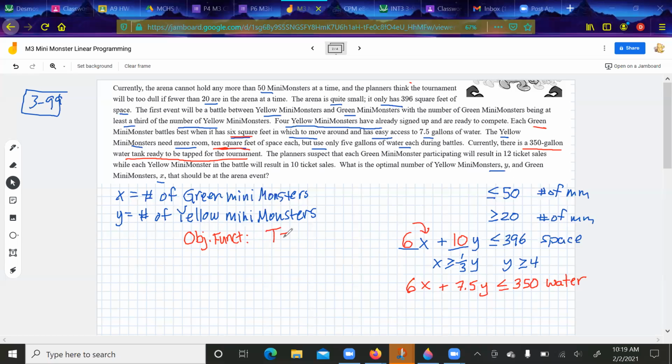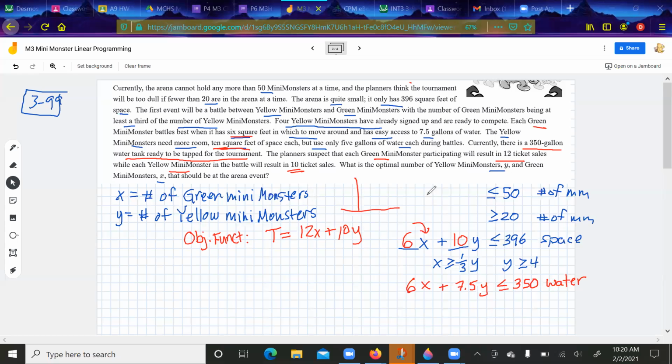So I'm going to put T equals 12x for the green monsters, and then 10y for each yellow monster. So that is our objective function that we're going to plug our points into, right?